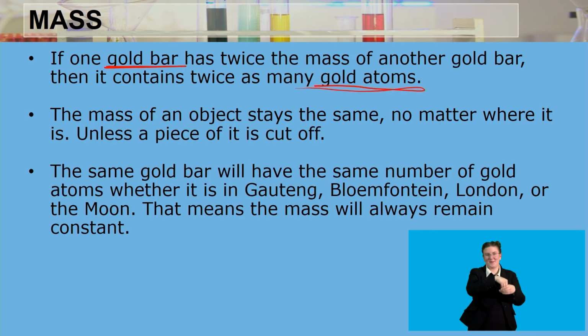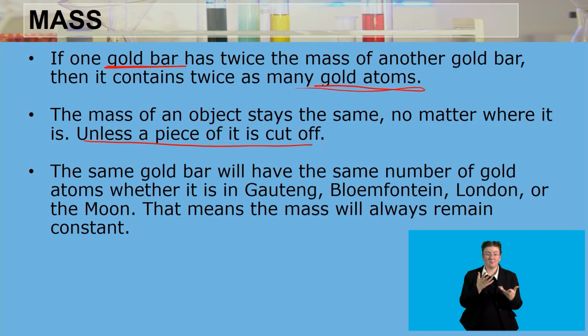Then again, the mass of an object stays the same no matter where it is. If you have 10 kgs of something, it is going to remain 10 kg wherever you are. You can go to the moon, you can go to the next planet, you can go wherever. The mass of that particular object will remain the same.